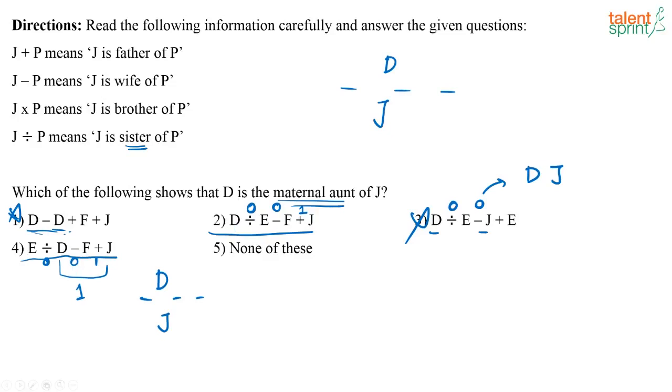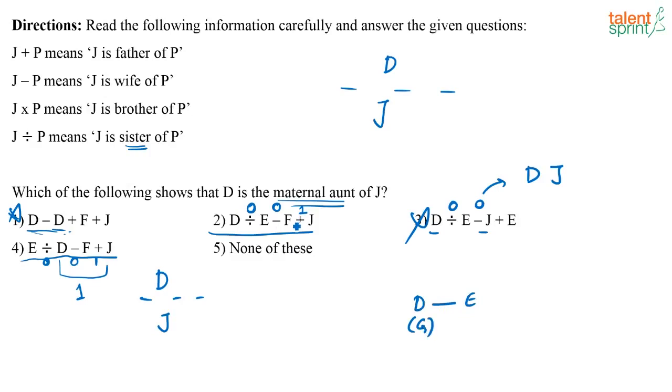Okay, because these two are satisfying the condition that D is 1 generation above J and also D is a female. So, if I draw the blood relation diagram for the option 2, what will I get? D divided by E means D is the sister of E. So, female, right?